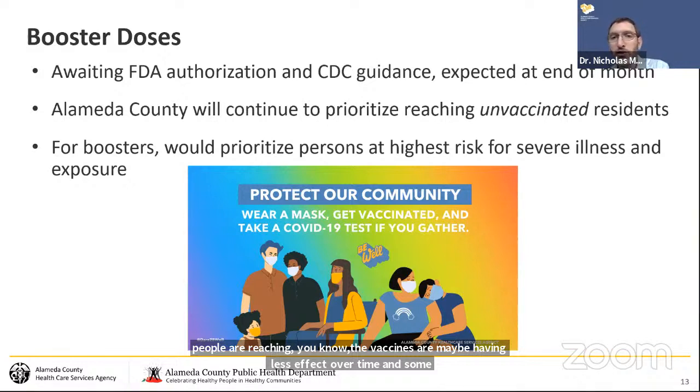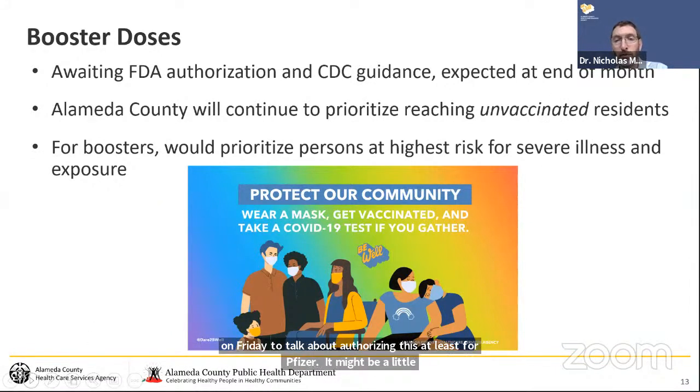And I think the data is still a bit mixed on this. We haven't seen all the data from some of the pharmaceutical companies. We should maybe learn more later this week. FDA is going to meet on Friday to talk about authorizing this at least for Pfizer, and it might be a little bit longer for the other companies.